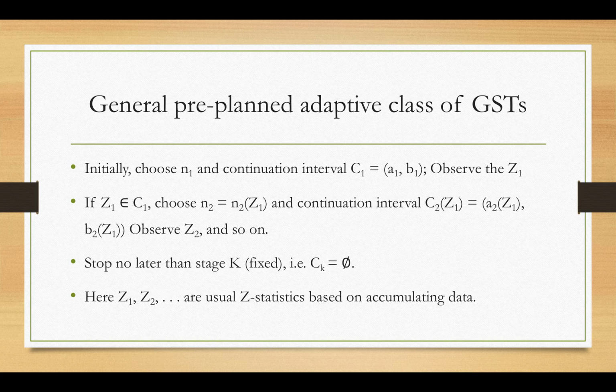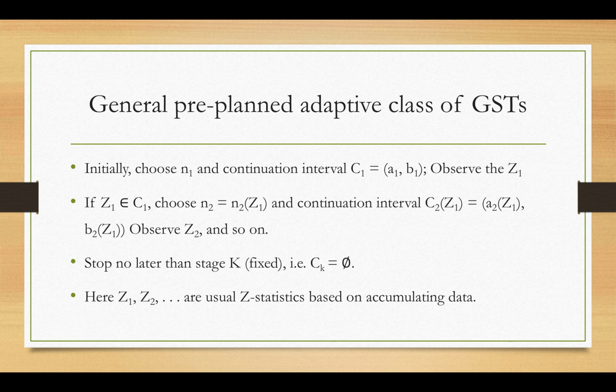So you initially choose an N1 and continuation interval C1, which is between the boundaries A1 and B1. Then observe Z1, and then choose your N2, which is N2 of Z1, and the continuation interval C2 of Z1, which should have its boundaries, and observe Z2, and go ahead and continue with that until you have determined to stop at some stage.